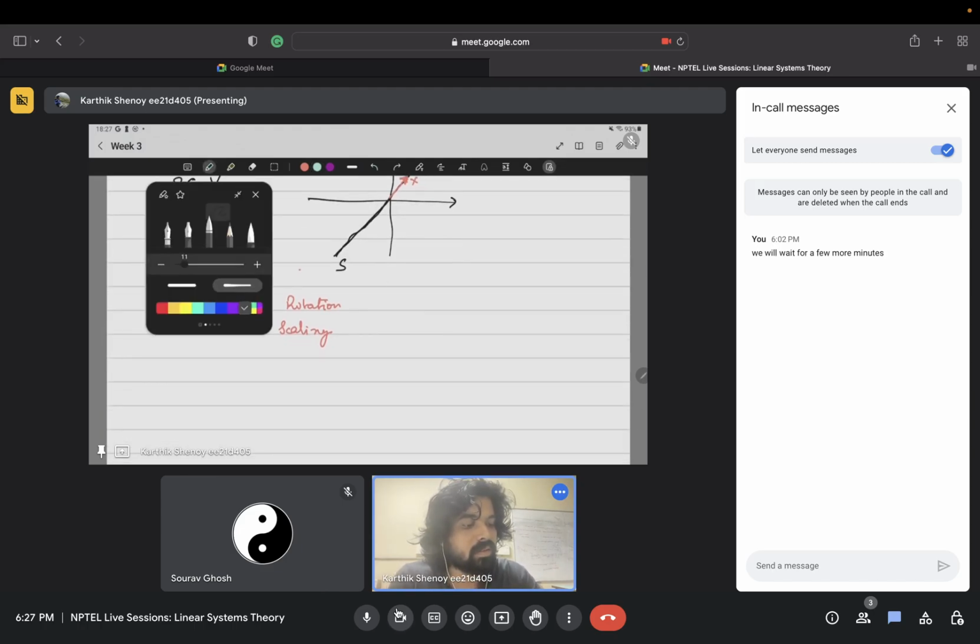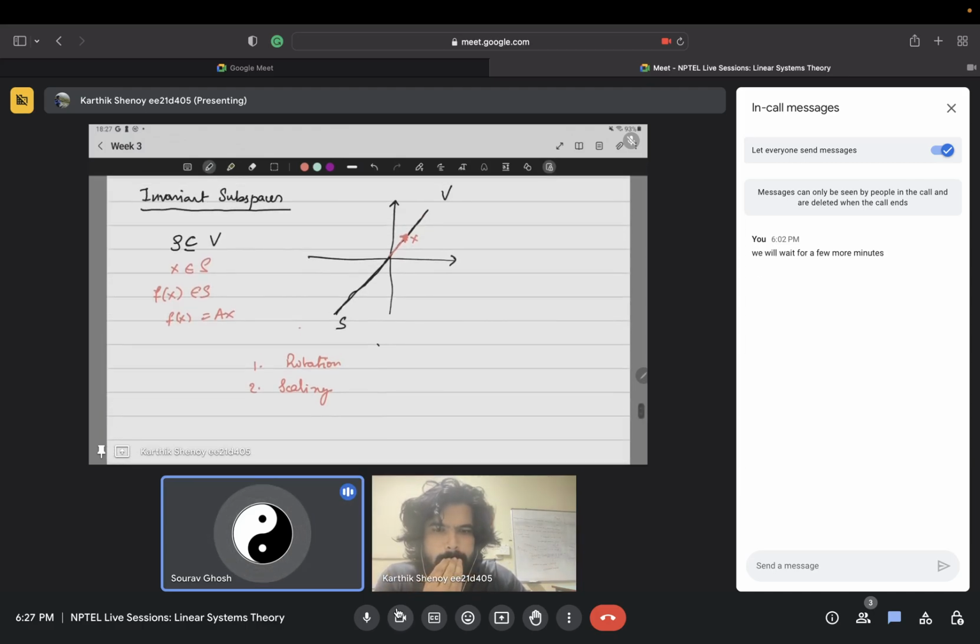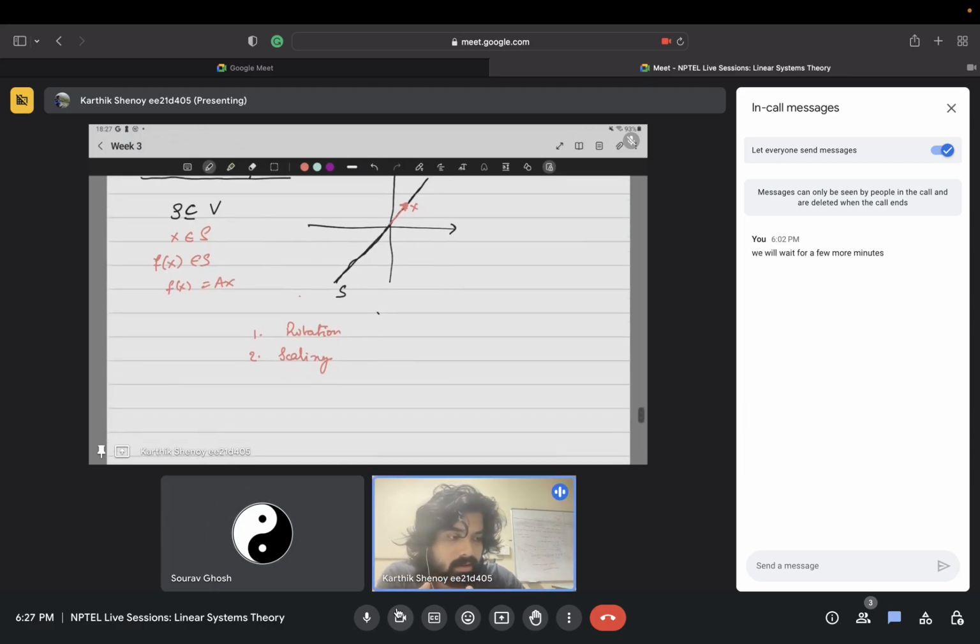So the basic idea of an invariant subspace is that it's along the same line itself, like a span. Not just a line, it could be a plane also. This is for linear systems. But in general, I can say an invariant set also. It need not be a subspace, it may be a set also.